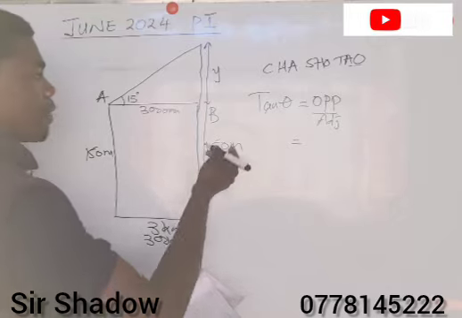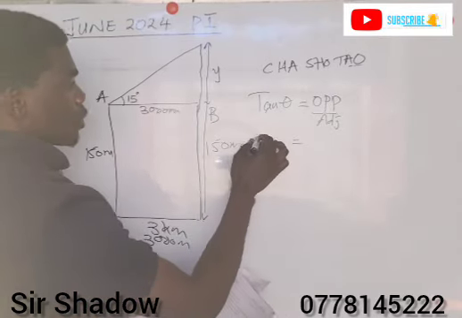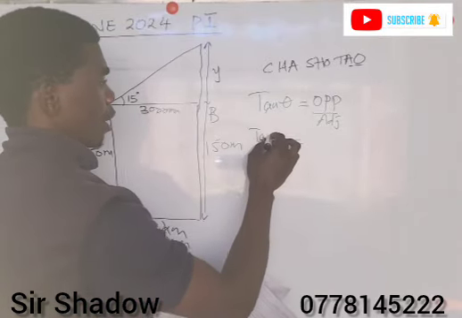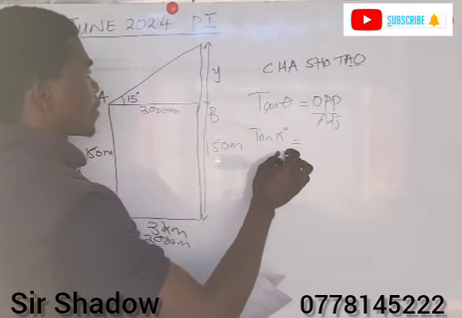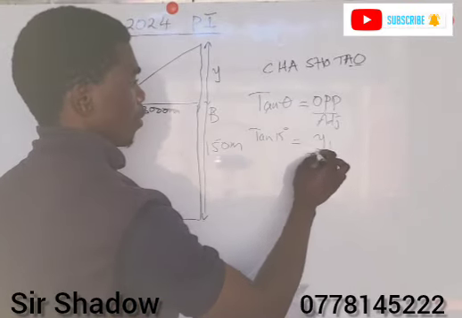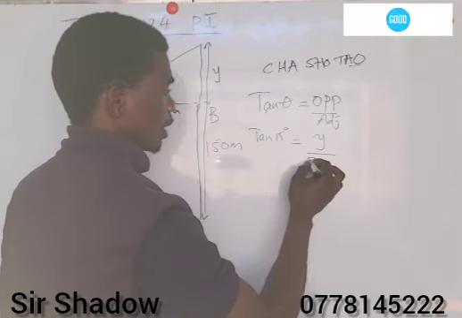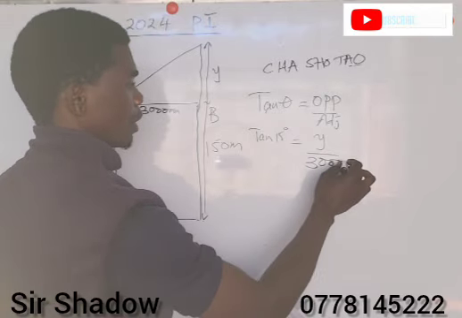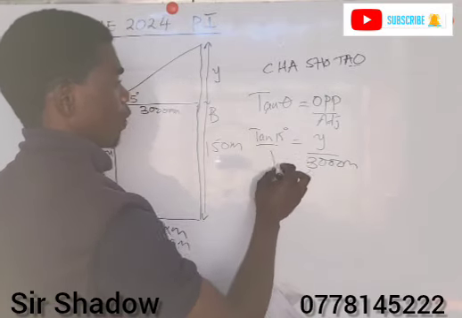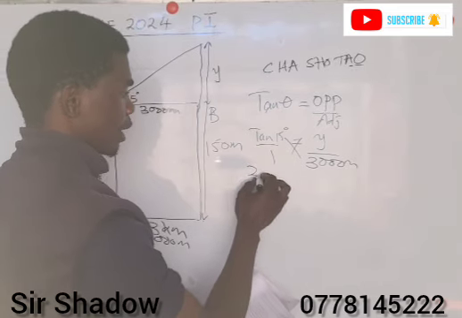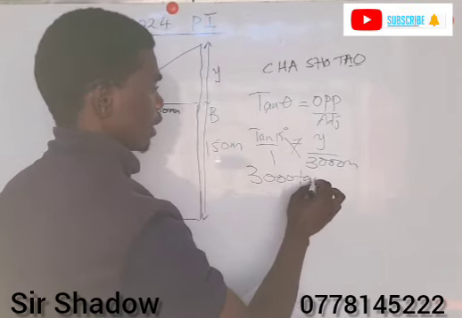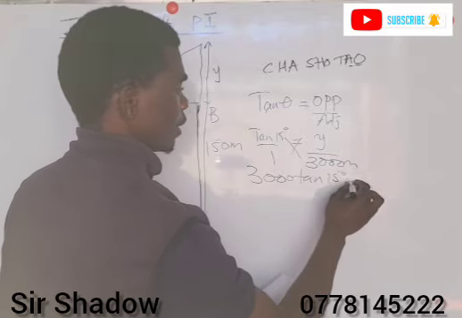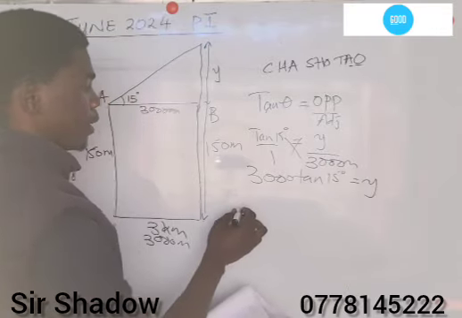This is equal to, but you are given tan theta, you are given this angle. So tan 15 degrees is equal to opposite over adjacent. The opposite is y, and the adjacent is 3,000 meters. Then over 1, cross multiplication. So we are saying 3,000 tan 15 degrees is equal to y.